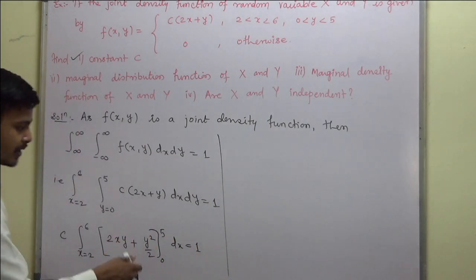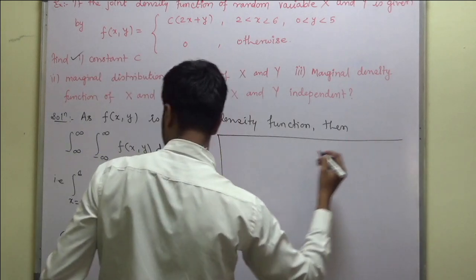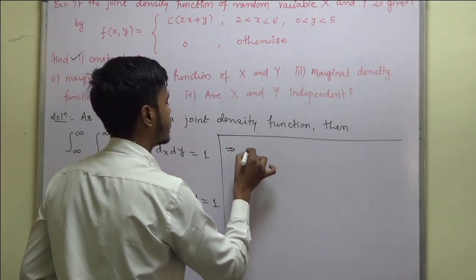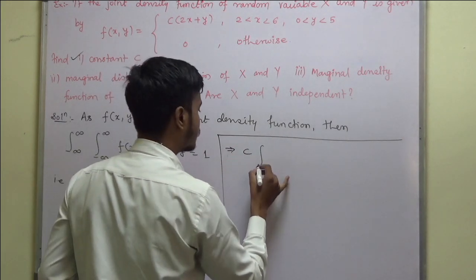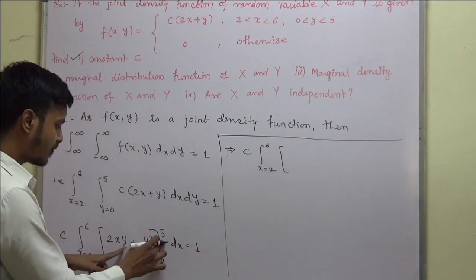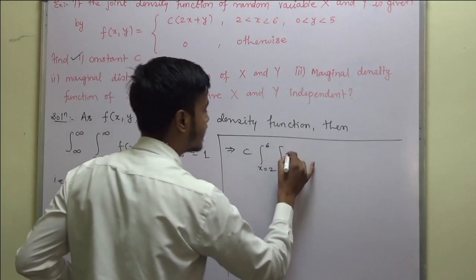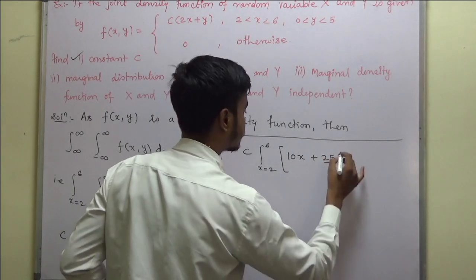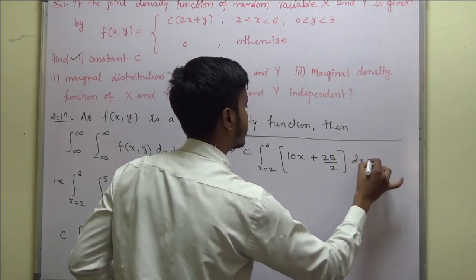Now apply upper limit minus lower limit. This gives c into limit x from 2 to 6, then put y equal to 5, and we get 10x plus 25 by 2, dx is equal to 1.